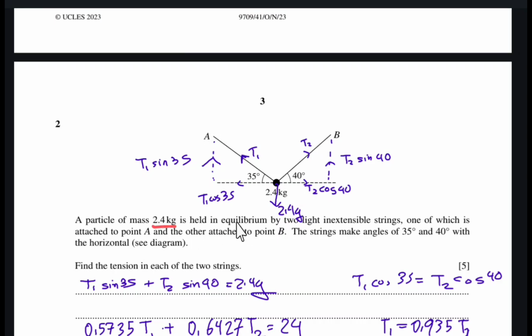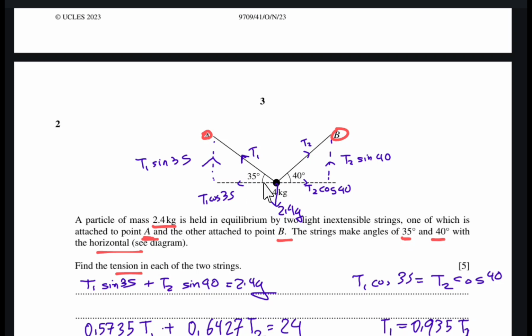The particle is in equilibrium, that means the resultant force is 0, by two light inextensible strings, one of which is attached to a point A and the other is attached to a point B. The string at A makes an angle of 35 degrees with the horizontal and the string at B makes an angle of 40 degrees to the horizontal. Find the tension in each of these two strings.